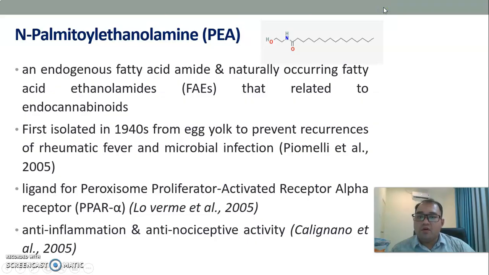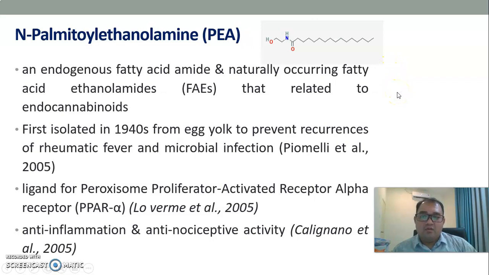And now I'm going to talk about the lipid mediator that I use in this research, which is called N-Palmitoylethanolamide, also known as PEA. So PEA is actually an endogenous fatty amide and a naturally occurring fatty acid ethanolamide that is related to endocannabinoids. PEA was first isolated in the 1940s from egg yolk to prevent recurrences of rheumatic fever and also microbial infections.